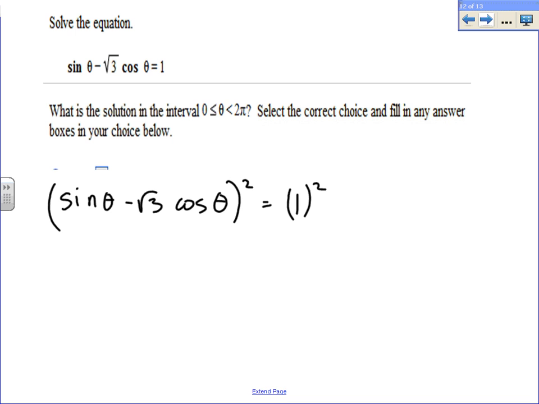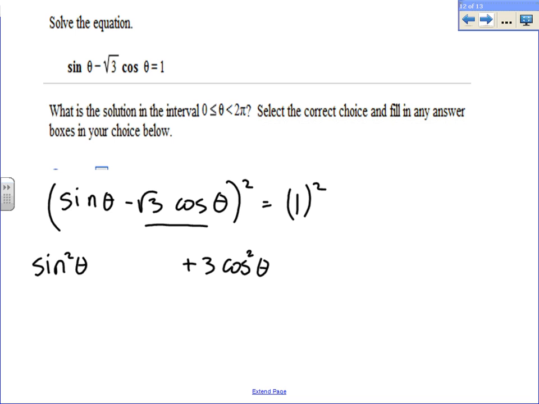When I square a binomial, remember the idea: we square, square, and then do twice the product. So when we square, this gives me sine squared theta. That's what I wanted to see, a square finally. Then squaring the other one gives a positive 3, and then cosine squared theta.